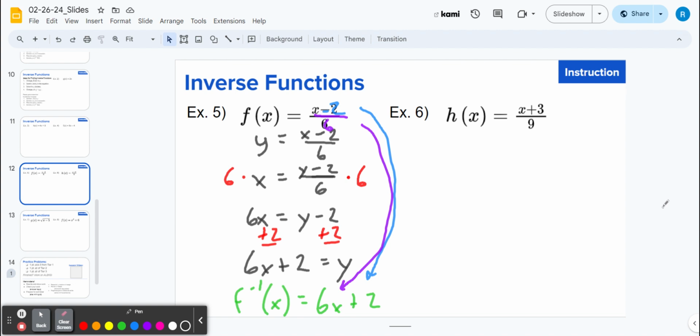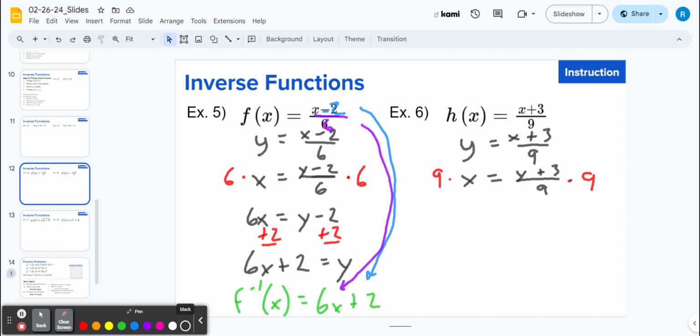So example 6, we have y equals x plus 3 over 9. Now I'm going to switch that input and output, so I get x equals y plus 3 over 9. I'm going to go ahead and start solving that, or isolating it for y. So multiplying by 9 on both sides.